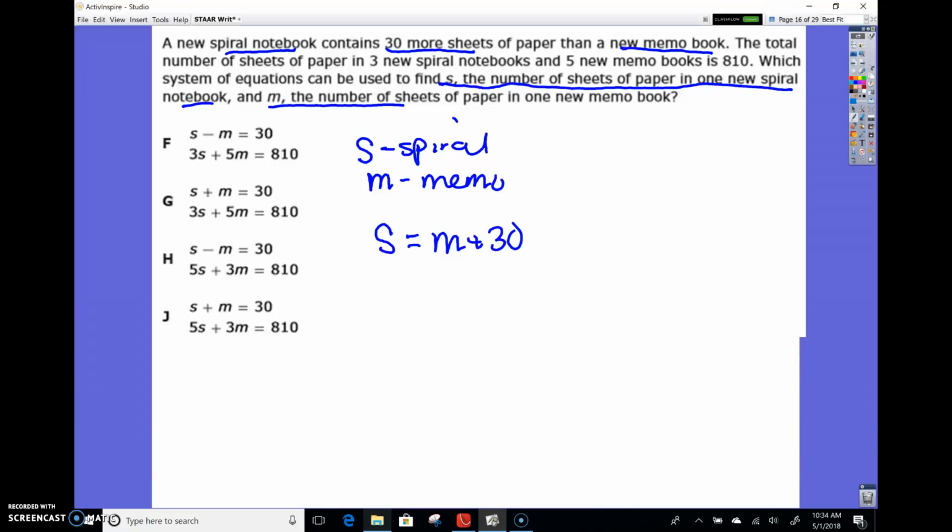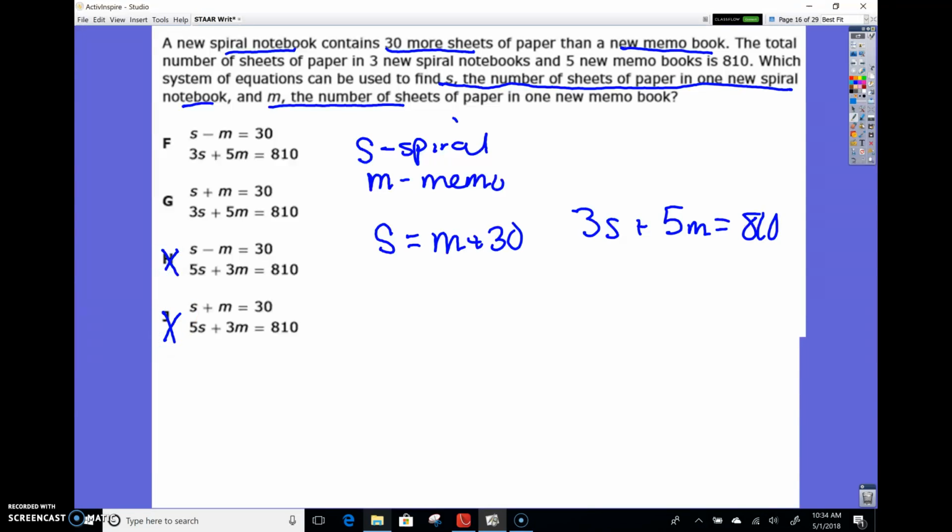Okay, the other one is the total number of sheets of paper in 3 spirals plus 5 memo equals 810. 3 spirals plus 5 memo equals 810. Okay, we know that these two are wrong.